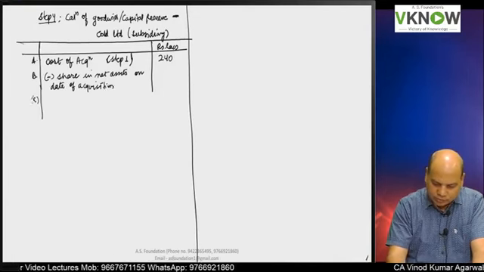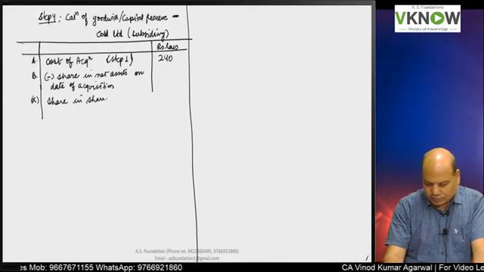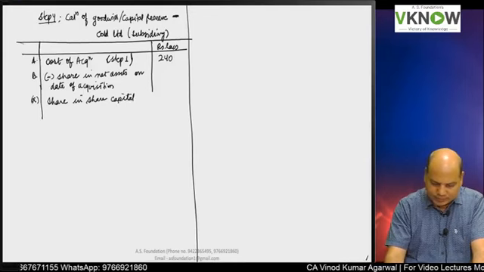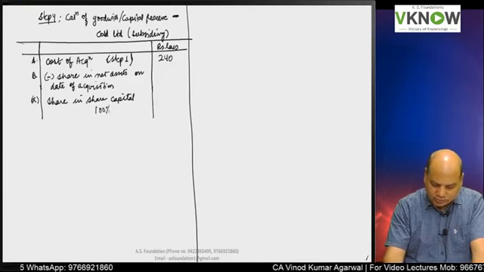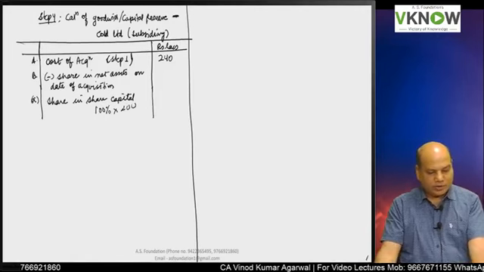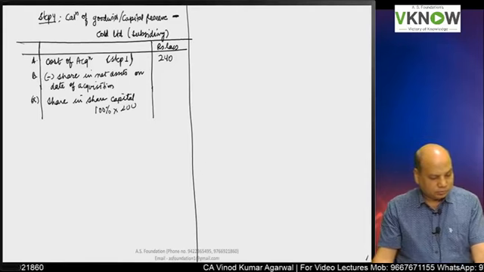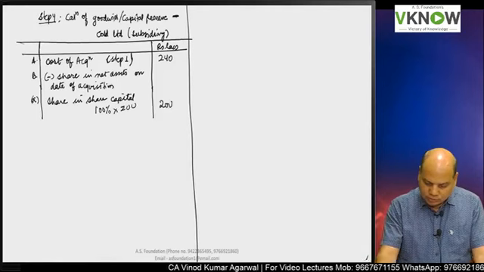Under that, 2 points. Share in share capital, but we are holding 100% share capital, 100% of 200 is 200.